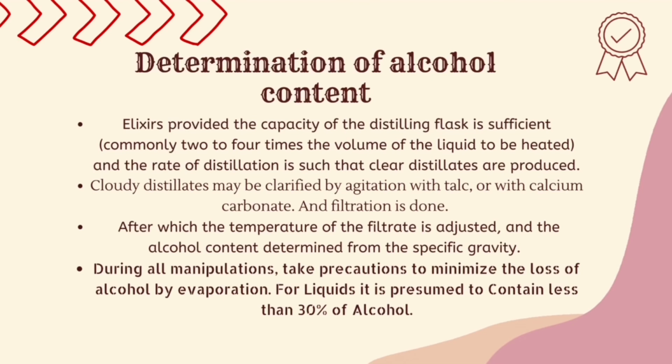Cloudy distillates may be clarified by agitation with talc or with calcium carbonate, and filtration is done, after which the temperature of the filtrate is adjusted and the alcohol content determined from the specific gravity. During all manipulations, take precautions to minimize the loss of alcohol by evaporation, for a liquid presumed to contain less than 30% of alcohol.